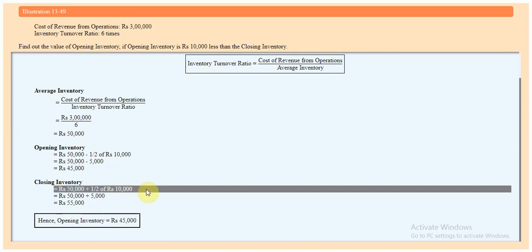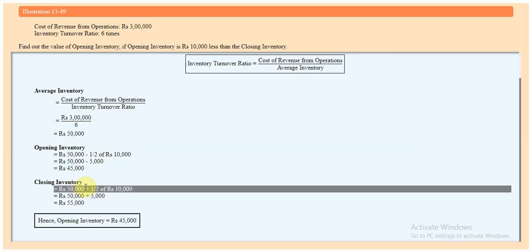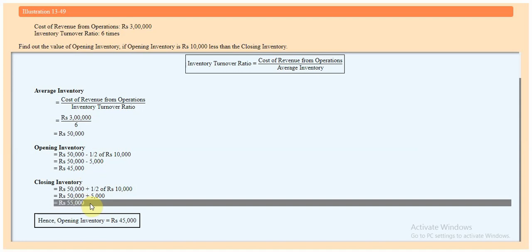For closing inventory, you have to add half of the difference between opening and closing to the average. So doing the same, we get 55,000. Average is 50,000, so add just 5,000 to the average inventory to get the closing inventory, 55,000.